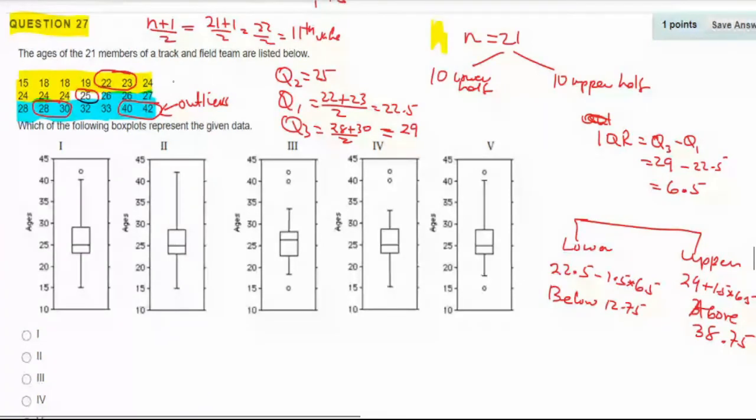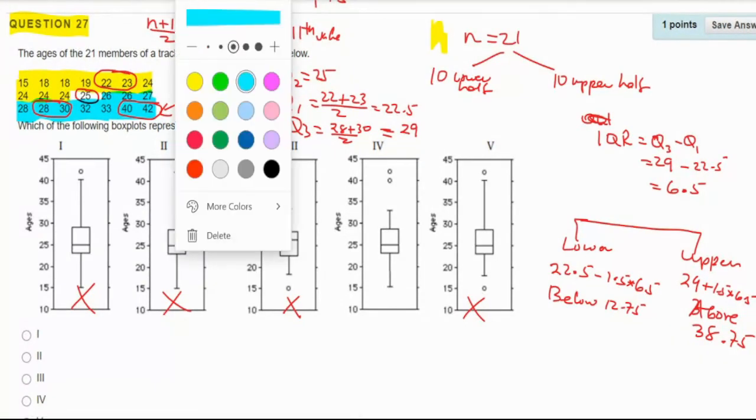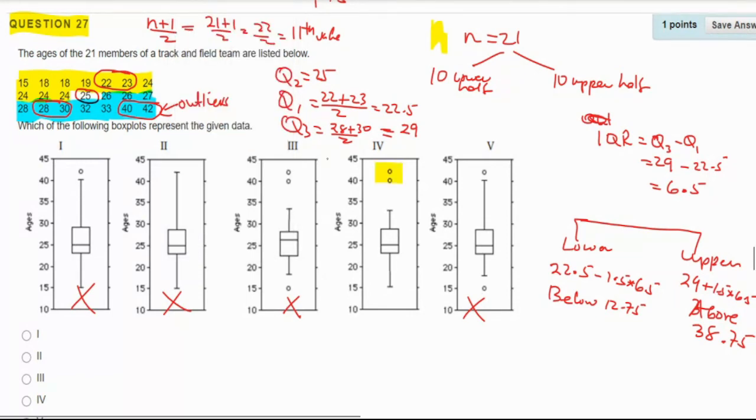Because those two are outliers, we know this is out, this is out, this is out. So the answer is between these two, right? Obviously, there was no lower outlier, so this is out. So we know our answer.